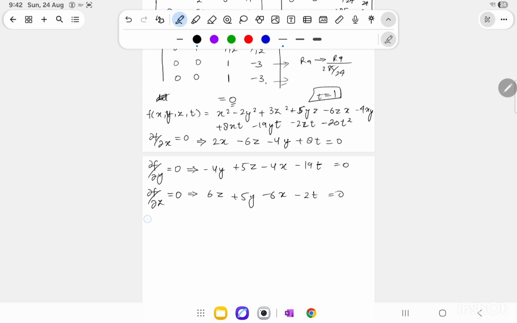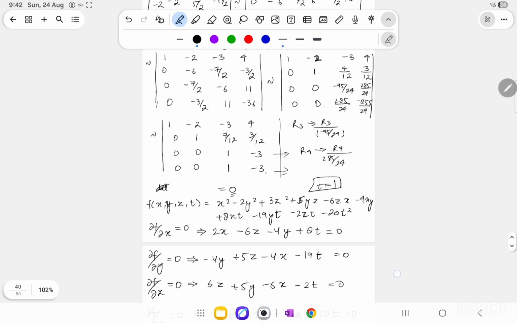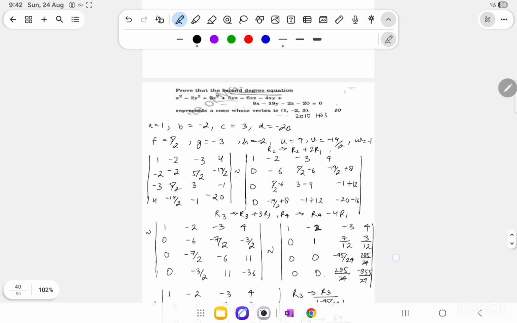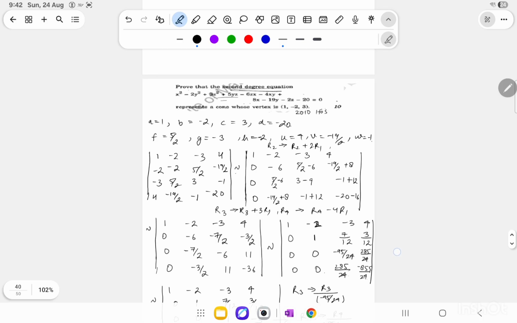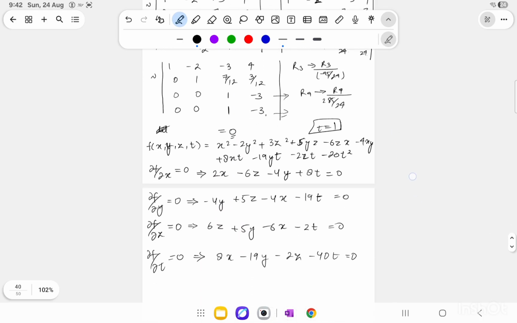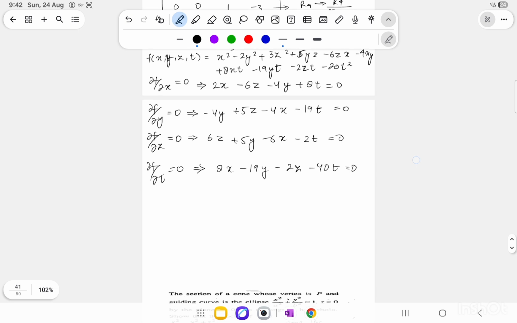And likewise, when del f by del t equals to 0, I'll get 8x minus 19y minus 2z minus 40t equals to 0. So this is what I got, and I know my t is equals to 1.